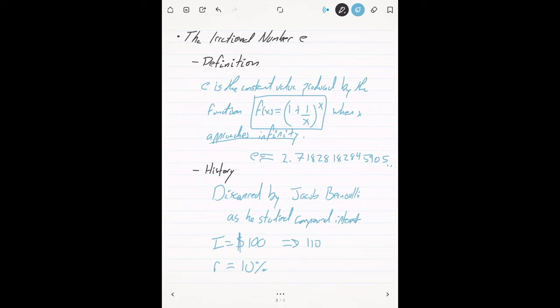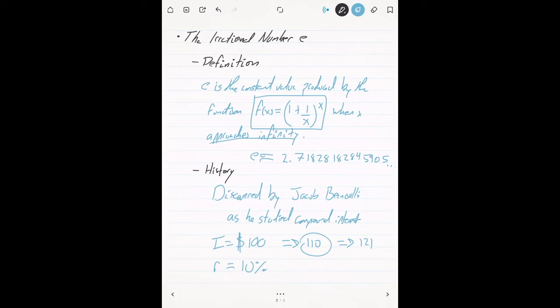What the bank means by compounding is they're now going to take 10% of that new quantity. So if they were to take another 10% of that, so take 110 times 0.10, and you're going to get $11. So now you have $11 plus 110, so you now have $121 in your bank, as opposed to 120. Compound interest lets you grow your money much quicker, and this is generally what happens with a bank.